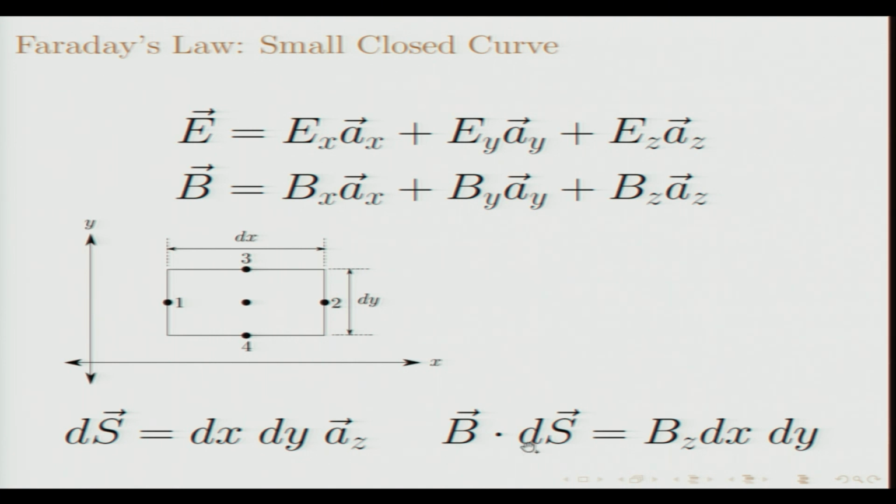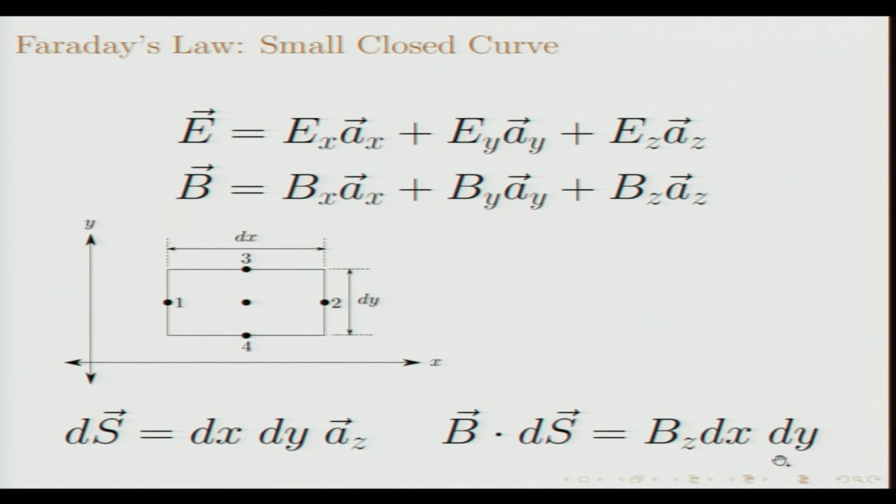If you take the dot product, because this ds has only the component in the az direction, B dot ds will be in fact Bz into dx dy, because the dot product between ax and az is 0 and the dot product between ay and az is also 0. So, the only term which remains is Bz into dx into dy, and as you know, a dot product will yield a scalar quantity. So, Bz dx dy is in fact a scalar quantity.